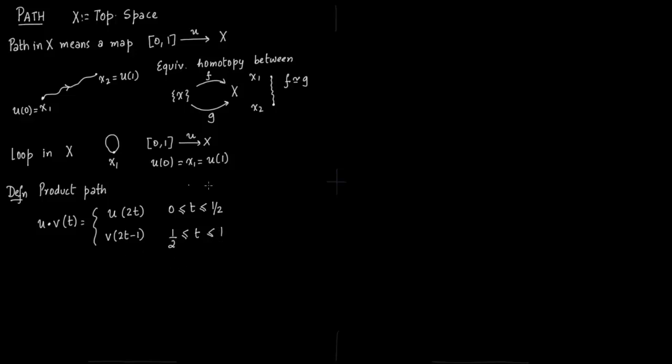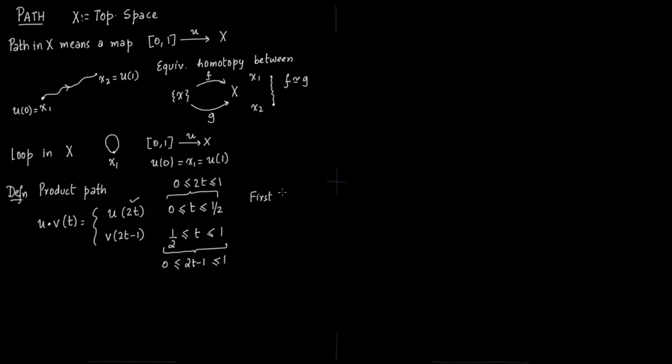Now this is very important to note, this 2t means nothing but that 2t lies between 0 and 1. Because originally when you define the path, whatever goes inside it is the unit interval. So 2t has to lie between 0 and 1. Similarly 2t minus 1 has to lie between 0 and 1. And this is what you rearrange, and this should match the second t going from 0 to half or half to 1.